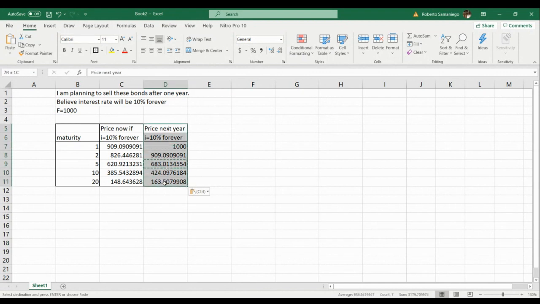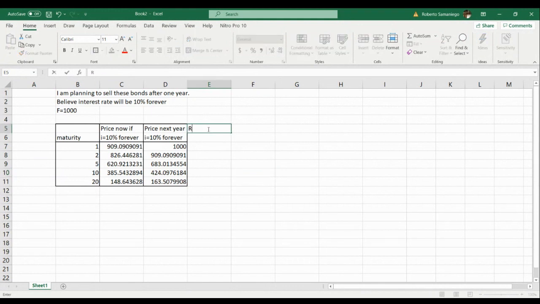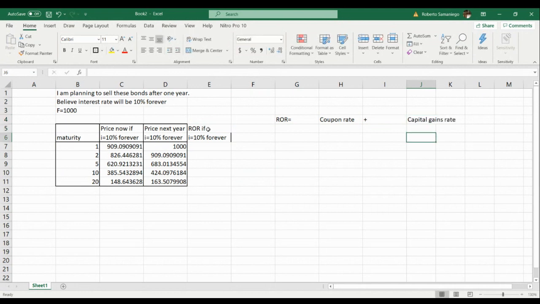Okay, so those are the two inputs we needed to figure out the thing that I ultimately care about, which is what is the rate of return if my assumption was right and I remained 10% forever. Now, just a quick refresher, the rate of return is the coupon rate plus the capital gains rate.